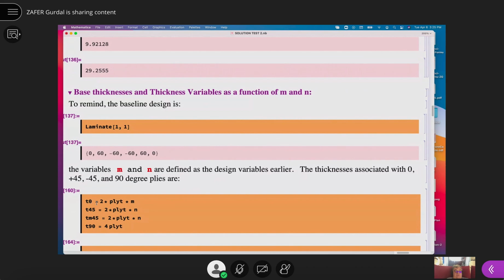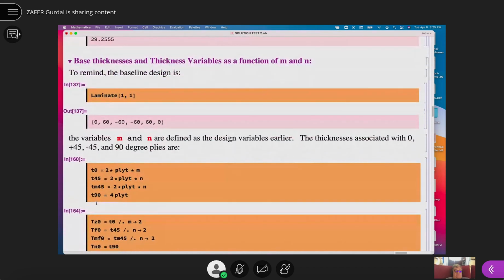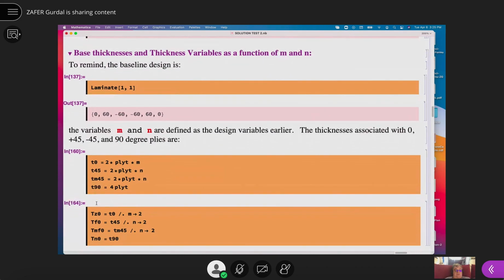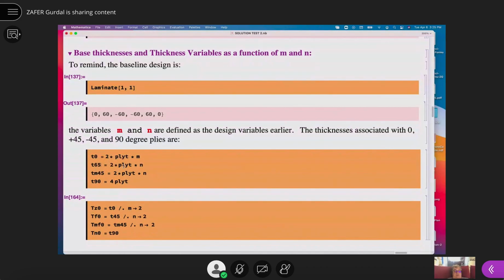So we're gonna do, yeah. All right, total T0, 2 times ply thickness times M, which is correct, 65, 2 times ply thickness times N, and minus 65 is no 90.